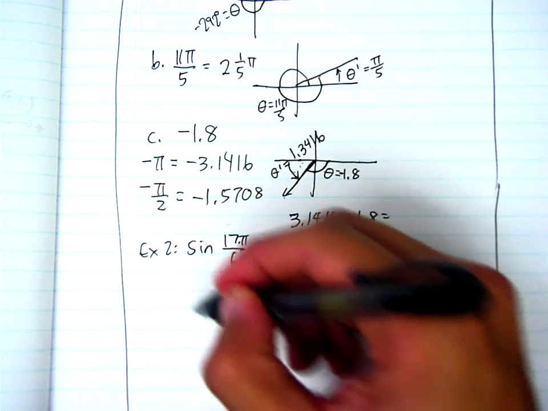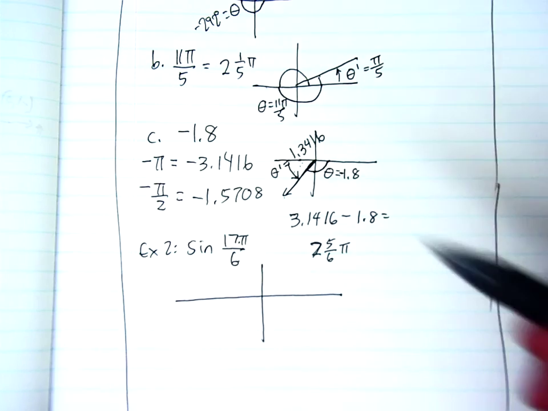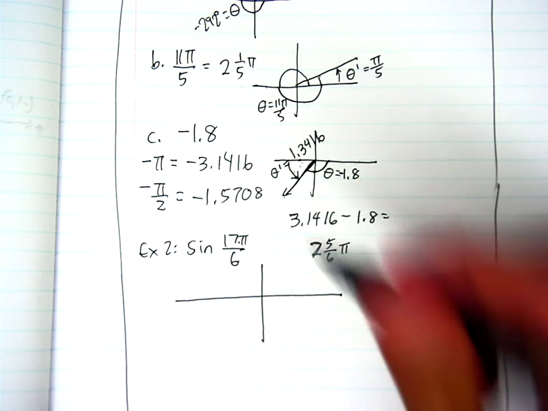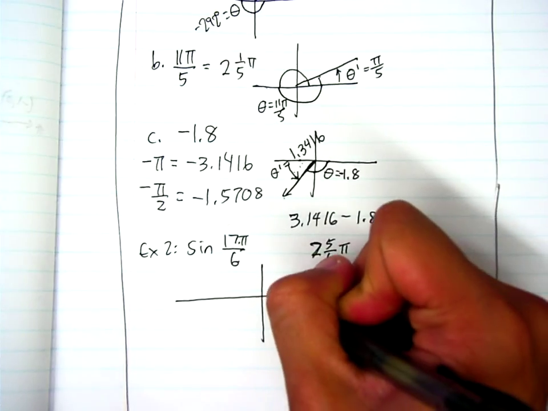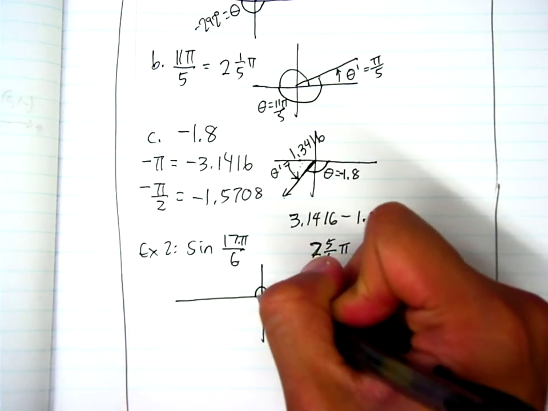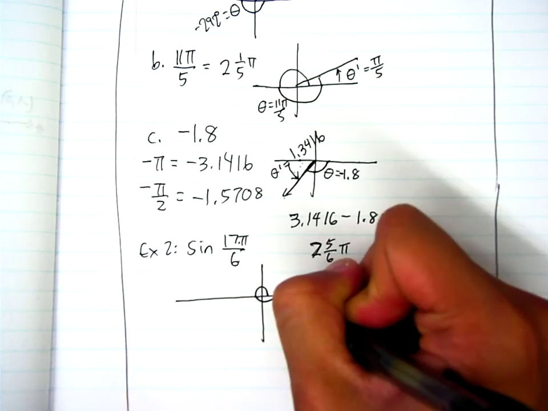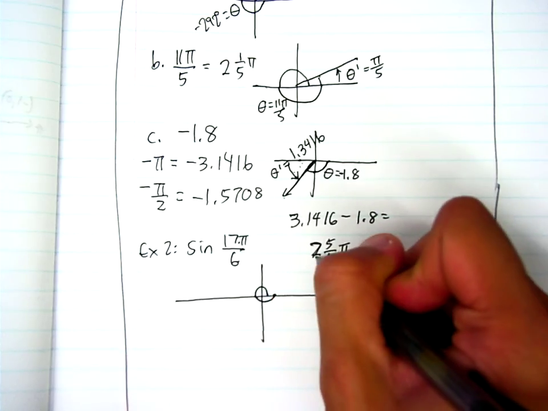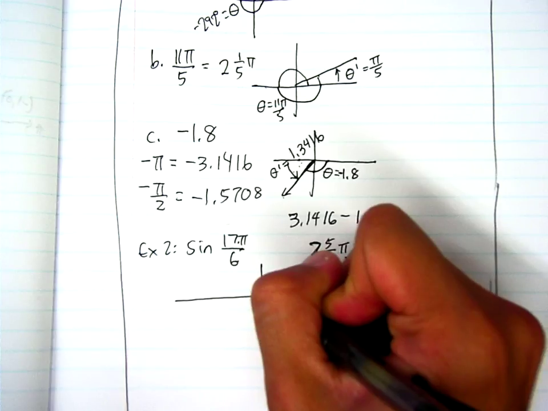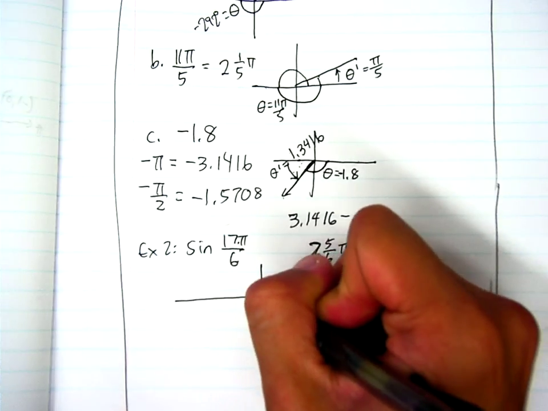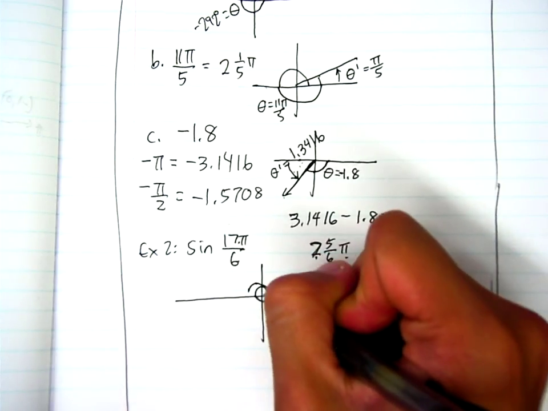If I draw my coordinate plane and go 17 pi over 6, I'm going to go 1 pi, then 2 pi, so I'm actually back here, and since I went 2 pi, I need to go 5/6 more. That's a terrible circle.